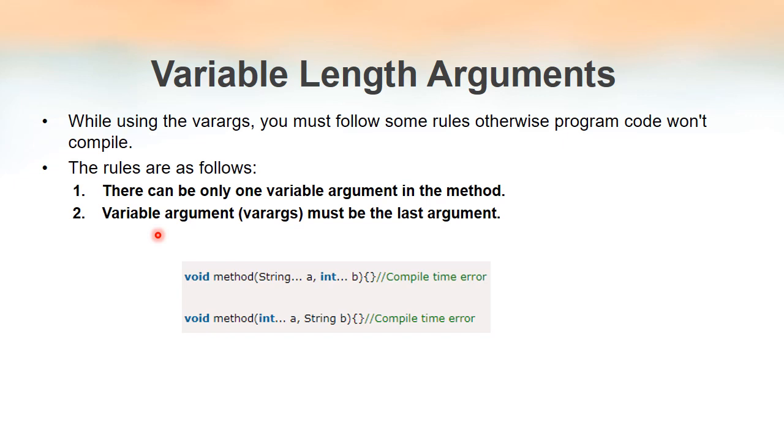And second rule is, if a method is having a variable length argument, then that has to be the last among the arguments. So here we can write a method having 4 arguments. Among those 4 arguments, if you are using a variable length argument, then it must be the last argument. The remaining 3 arguments can be normal arguments.